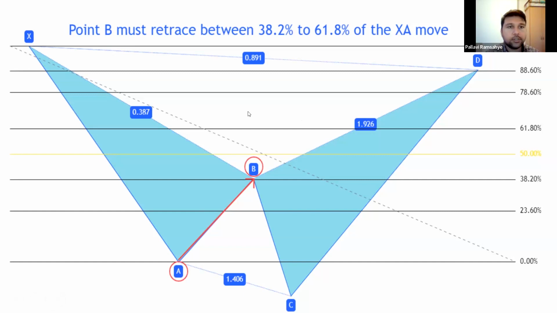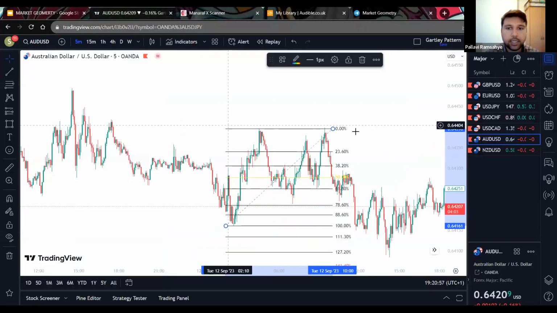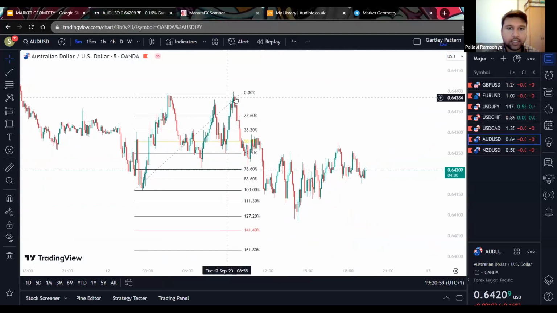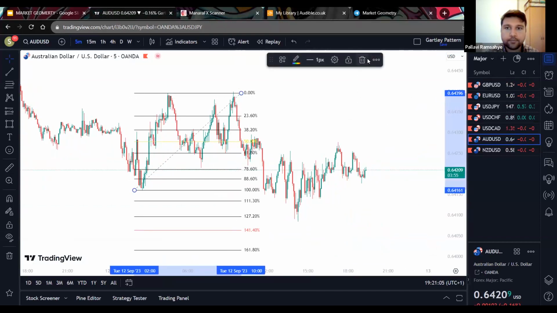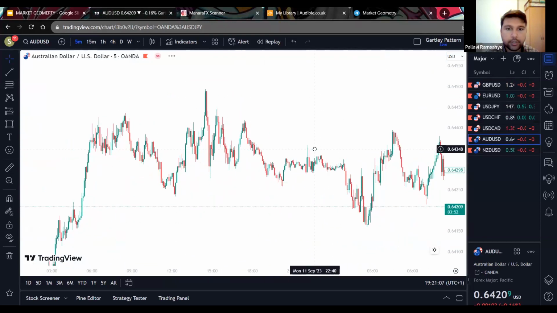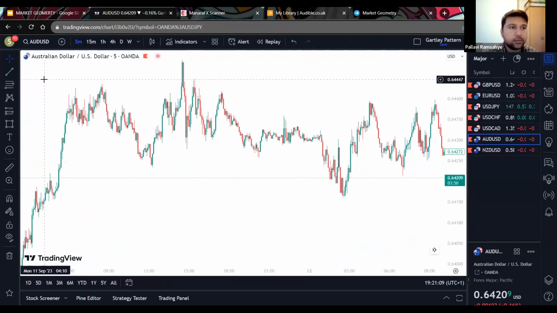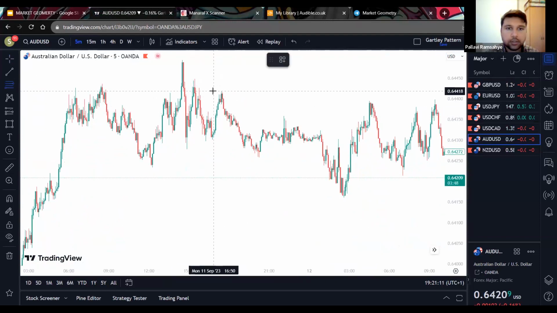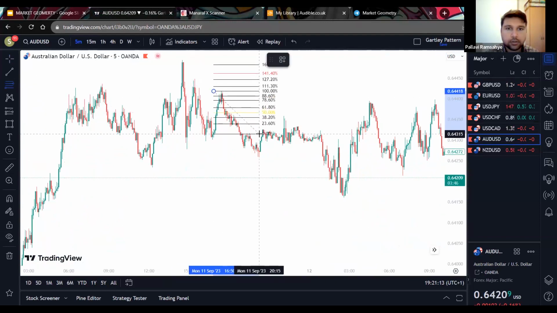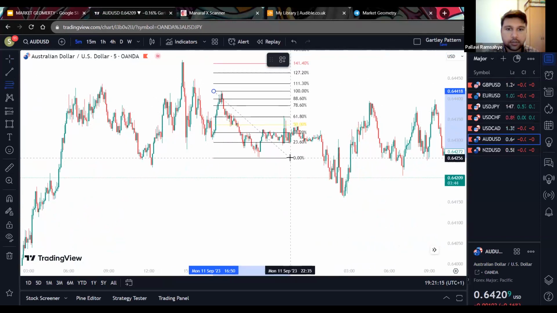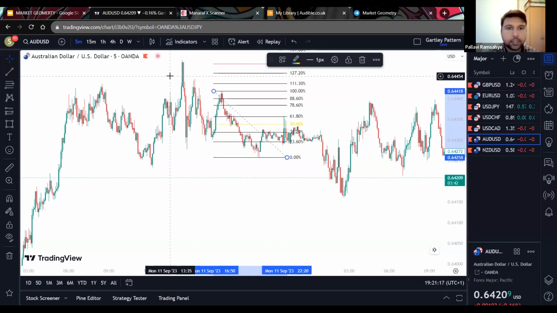So again, if I was to do a quick demonstration of 100%, let's find a bearish move. So let me just delete this. A bearish move can be any of these two. 100% to 0% there.